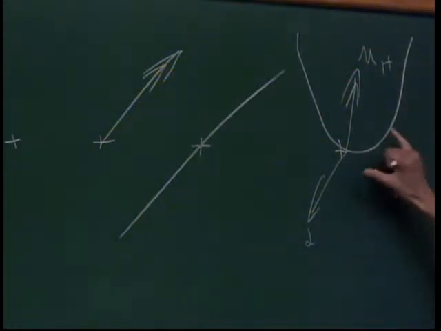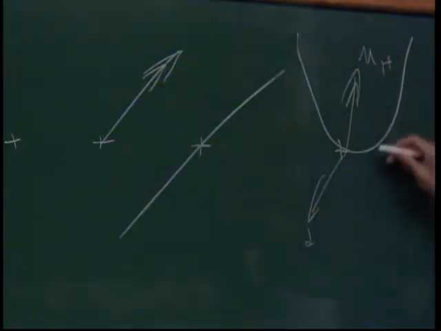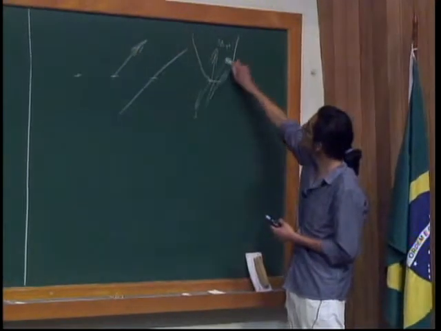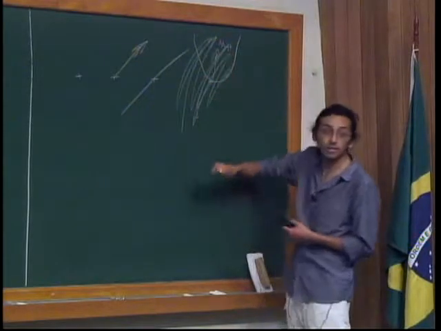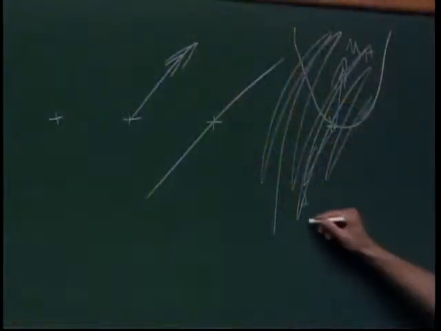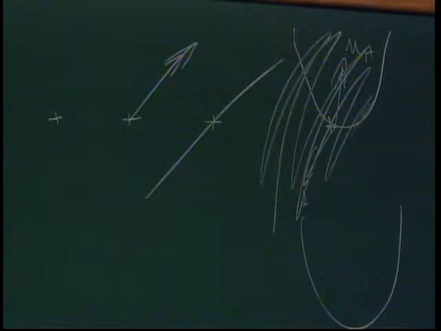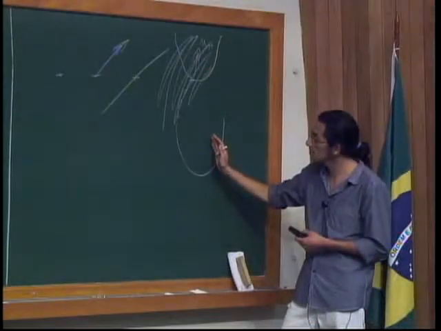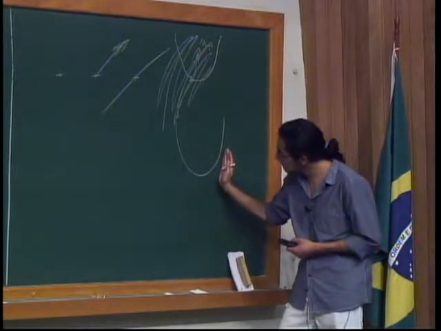So when the direction and this are linearly independent, we get something like this. This set is just a line, but when we add the ray, we get a whole new set. So we get convexity.